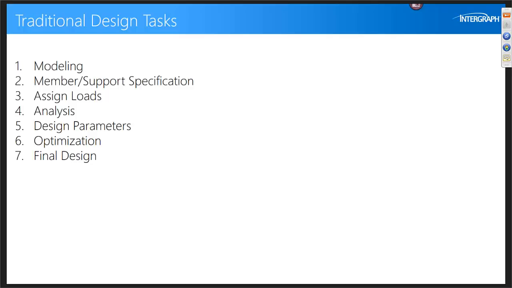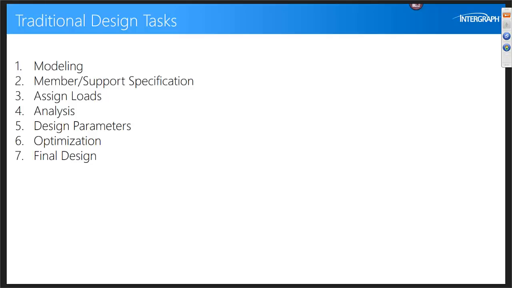So these are the traditional design tasks that everyone might be aware of by now. First of all, you got to model the structure. Now, the model can come from products like Smart 3D, but in a FEED project, you may be lucky if you are getting that kind of information. But then in those cases, you need to rely on the graphics for the analysis product to generate your geometry.